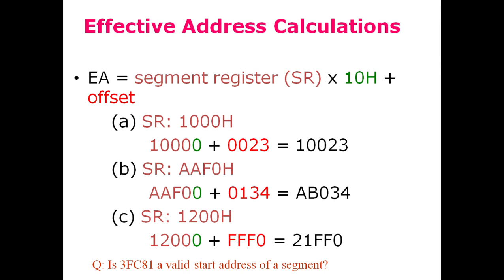So each time a starting address is calculated, there must be a 0 at the right side of that starting address. If we look at this address, there is no 0 appended at the right side; there is digit 1. So this is not a valid starting address of a segment.